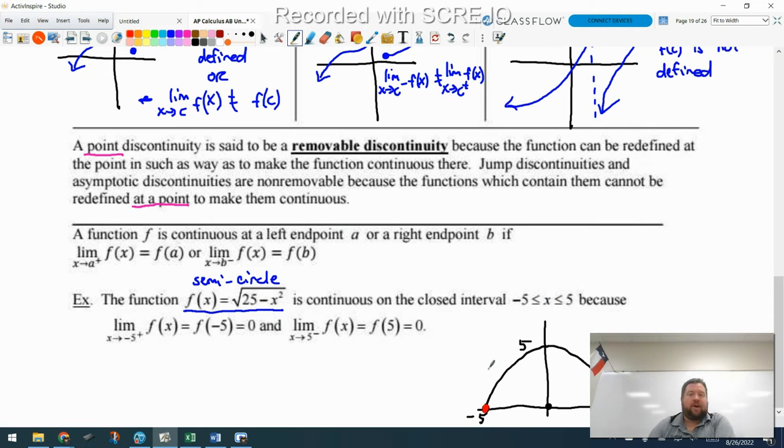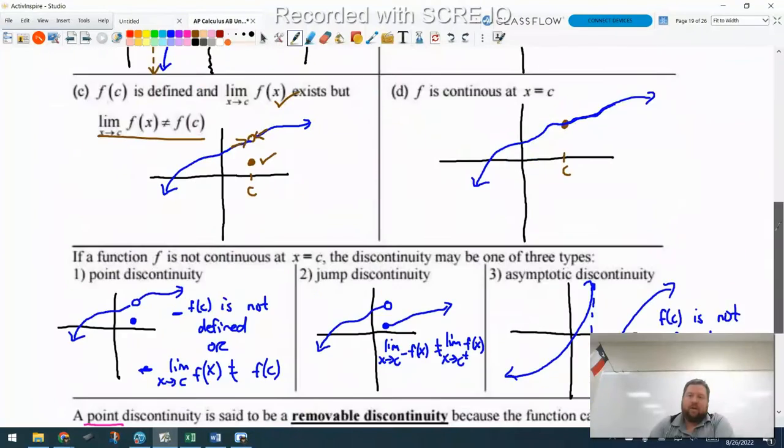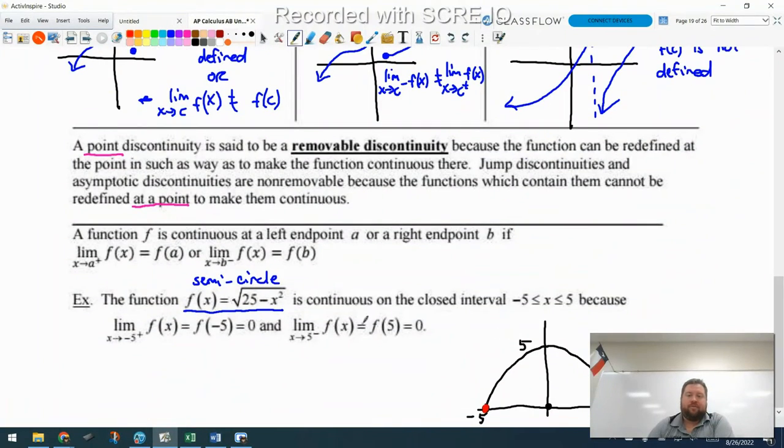So how do we prove continuity using our definition up here? Well, I'll do negative 5 first. f of negative 5 exists. There's a closed circle there. And then we just do the limit as x approaches negative 5 from the right. You can only come from the right like that. And that limit is equal to 0, which is equal to f of negative 5. Both things are equal to each other.